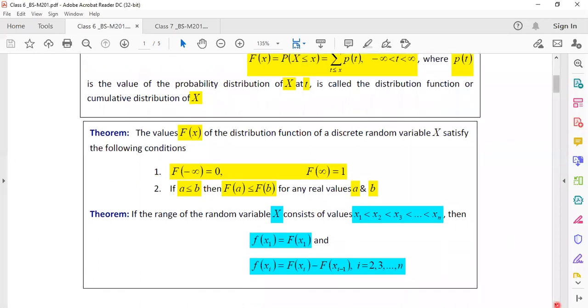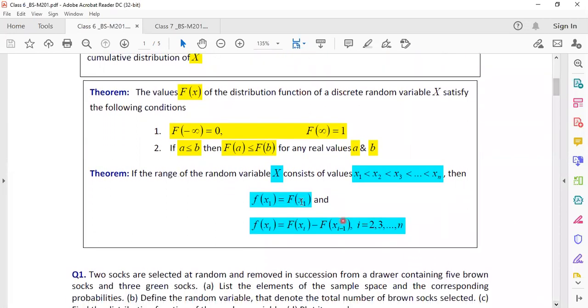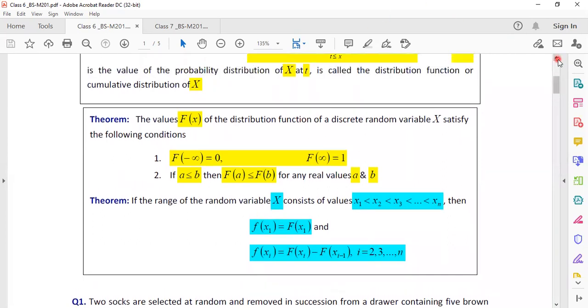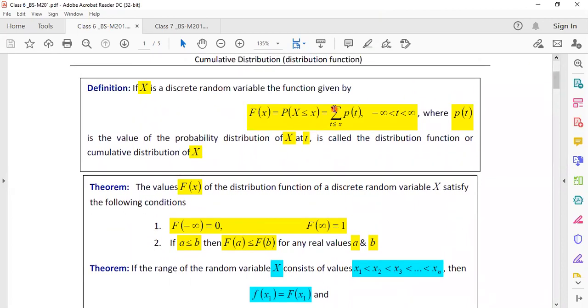And there is another theorem which is just the opposite of what has been stated over here in the definition. In the definition, if you carefully observe, the probability distribution PT is known, and with the help of PT, we can find out the distribution function.